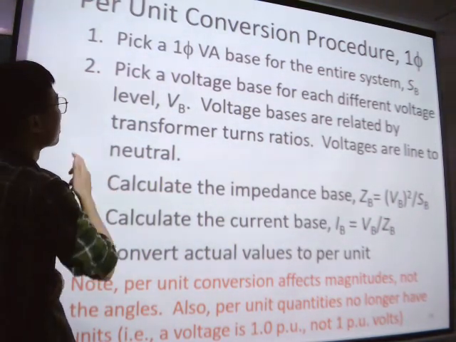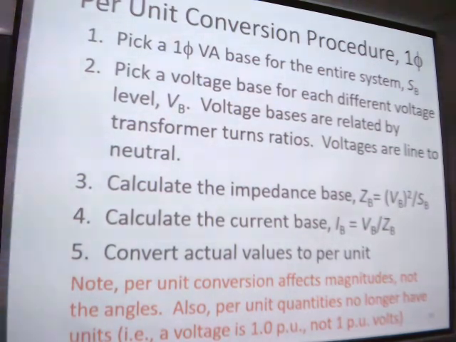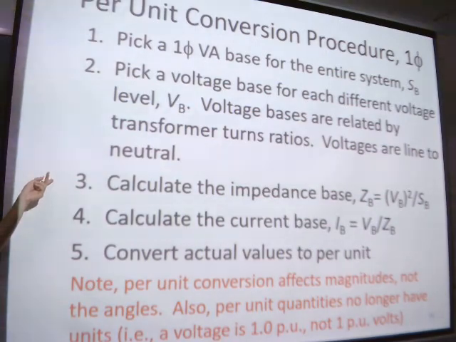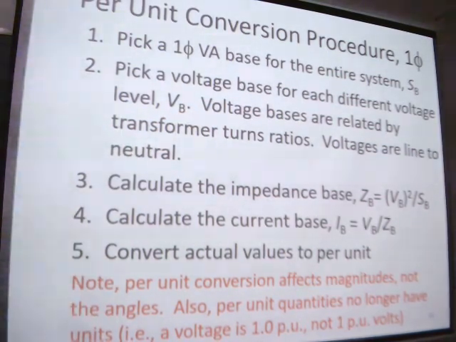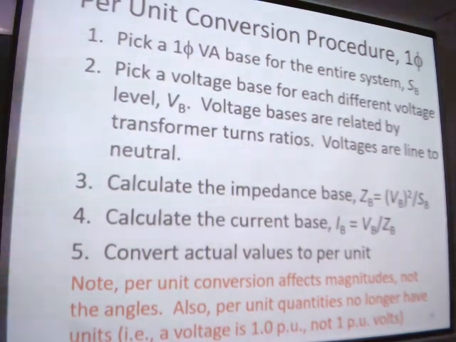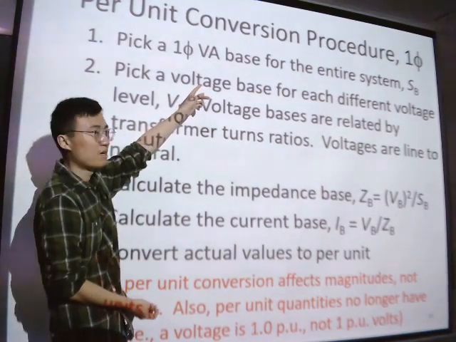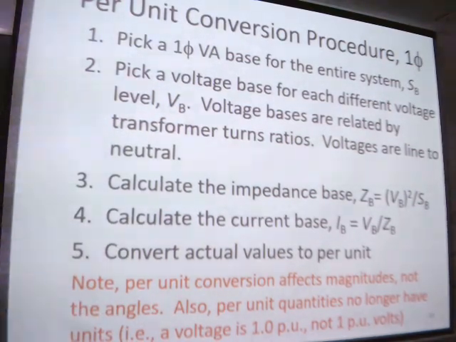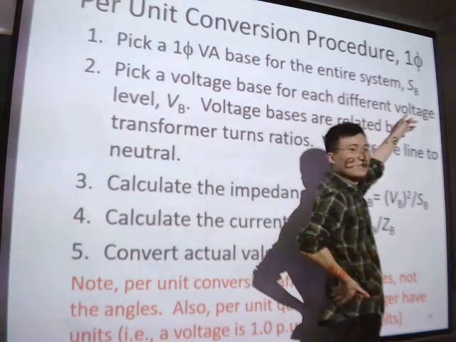Okay, so let's say the first scenario is the single phase system, okay? For the single phase, the first step is that we need to choose a single phase VA base, the power base of the system. So what is S?